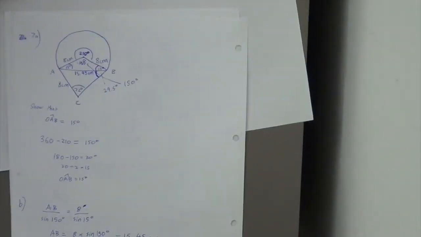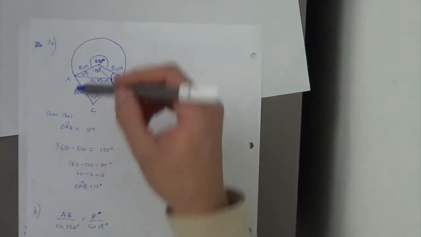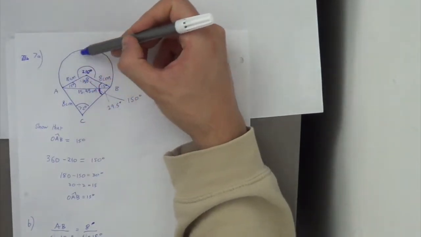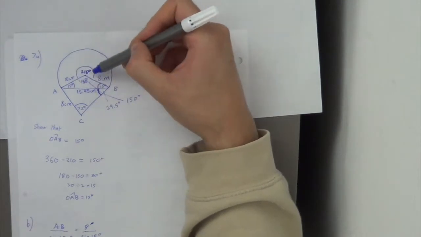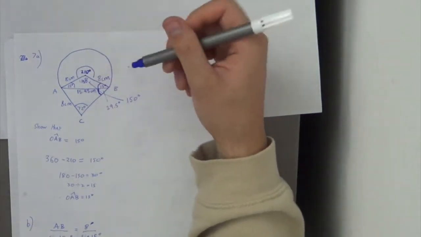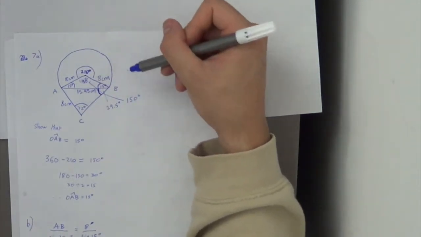So, next question. Calculate the total area of the logo design. How do we do this one? First things first, notice this is a sector of a circle. It's 210 degrees. We know the total area for a circle is pi r squared.